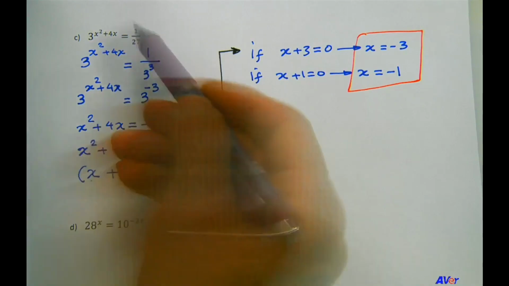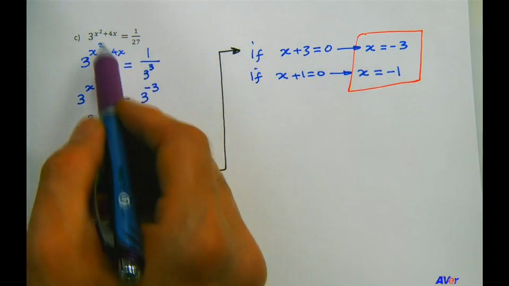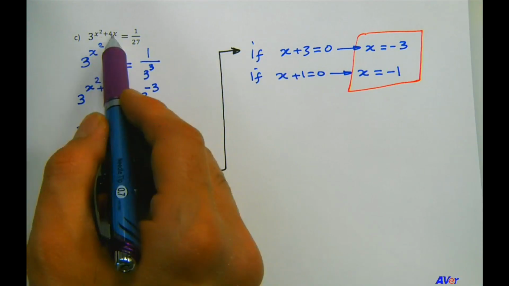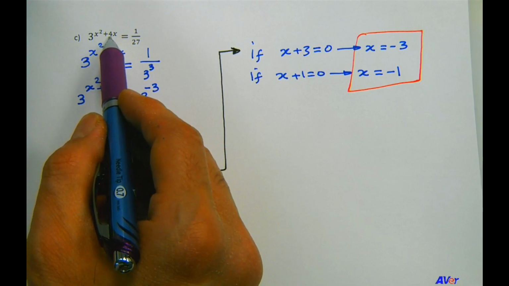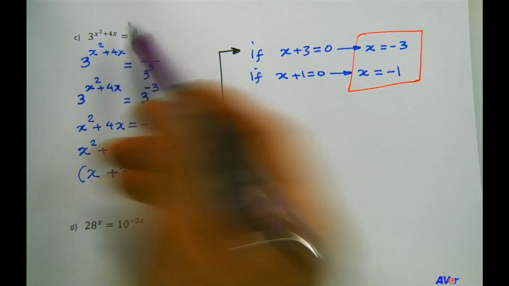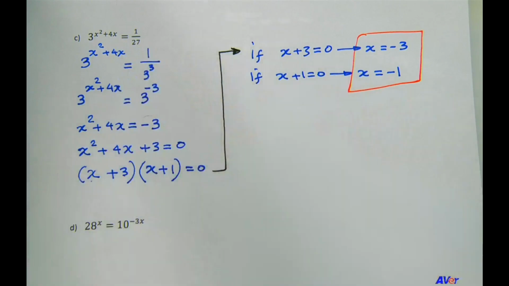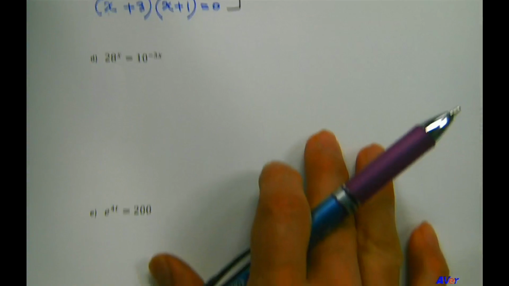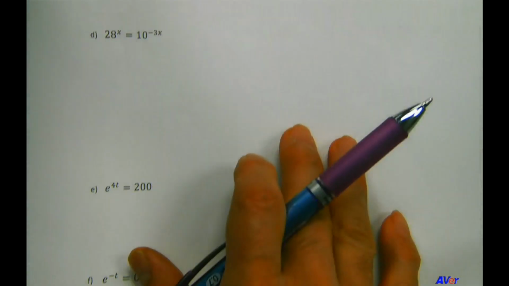If you plug in negative 3, then you get 9 minus 12, and you end up with minus 3 again, and this checks out again. It's equal to 1 over 27. So with exponential equations, usually the answers are valid. It's the log functions that we need to check every single time.